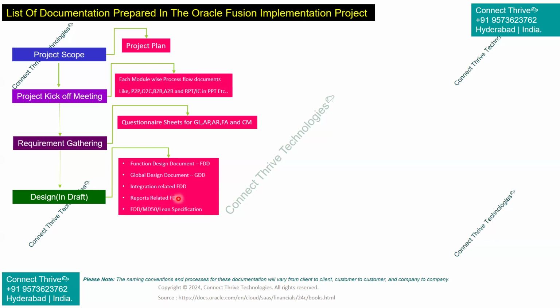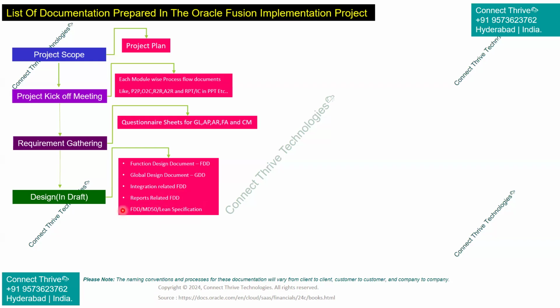Within that, we specify what code they are going to use, what the parameters for that report are, how many columns the business user finalized, and the sample template of the report, either Excel format or PDF format. Everything we will specify in the report FDD document.